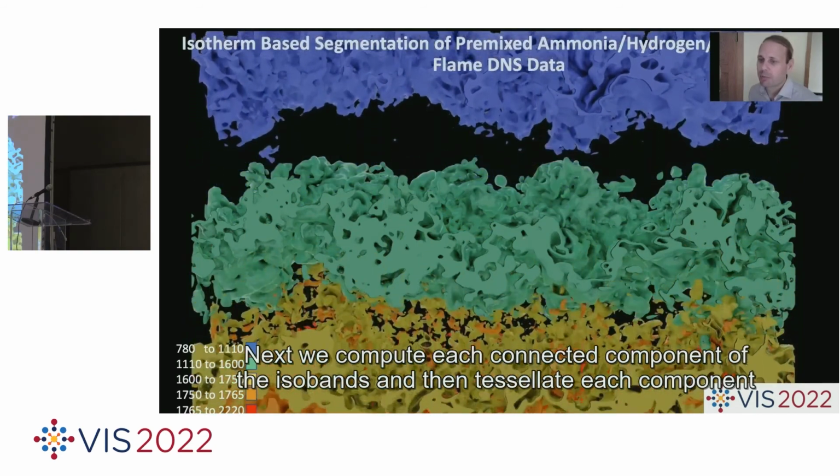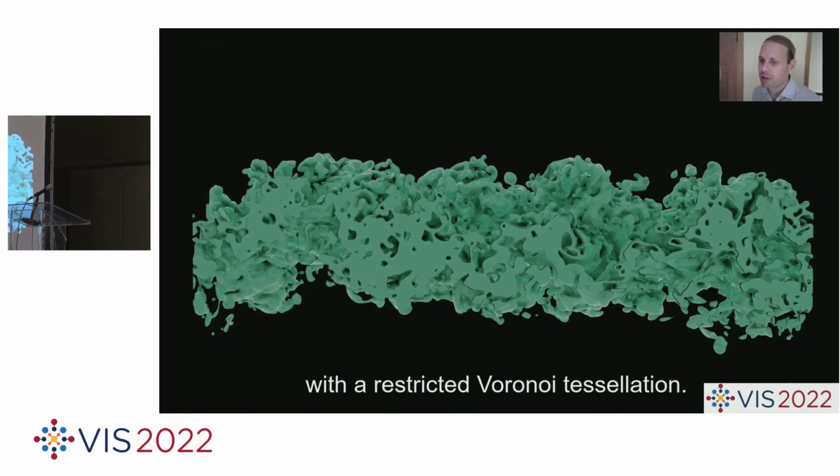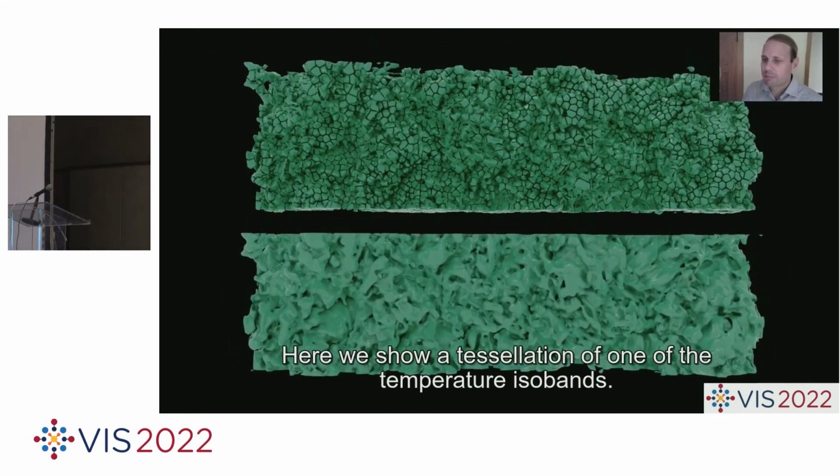Next, we compute connected components of the isobands and then tessellate each component with the restricted Voronoi tessellation. Here we show a tessellation of one of the temperature isobands.